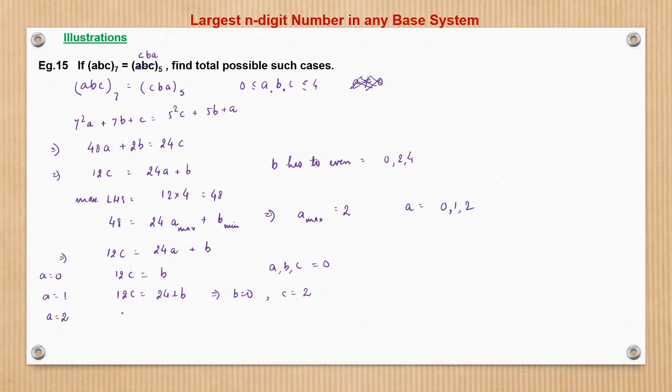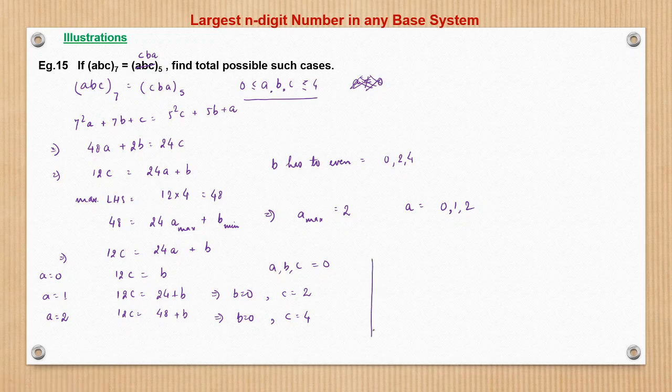And if A is equal to 2, it becomes 12C is 48 plus B. So here C can take a value of 4 and B can take 0 only, and C is permissible between the prescribed range 0 to 4. So this is a possible solution.